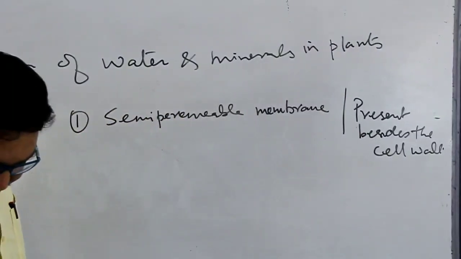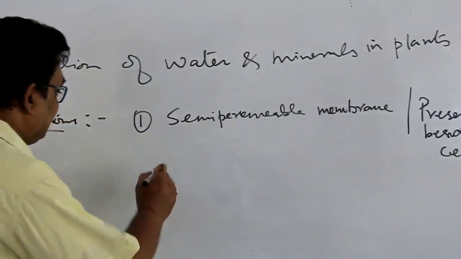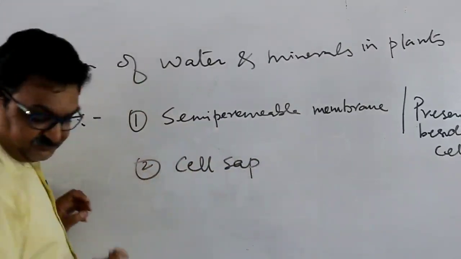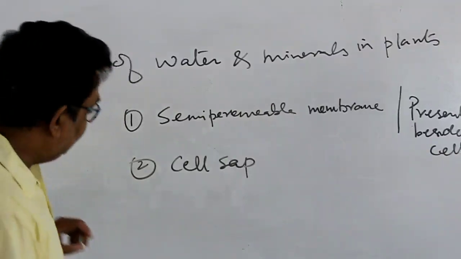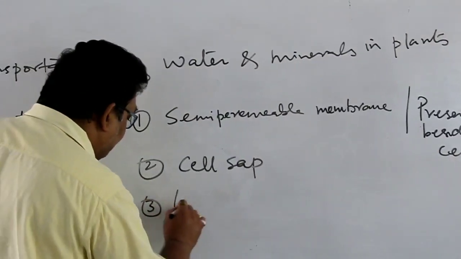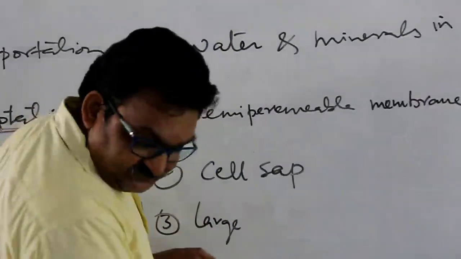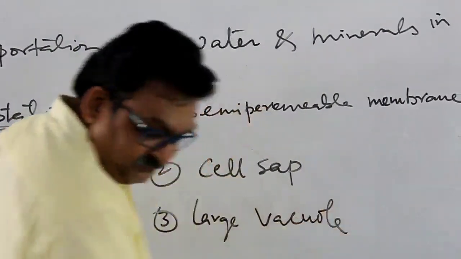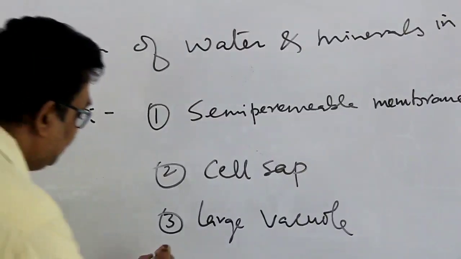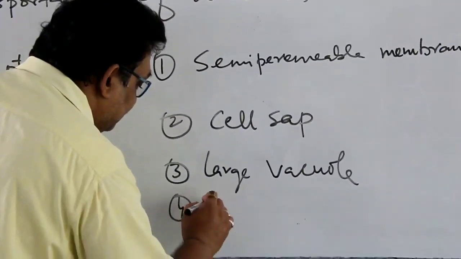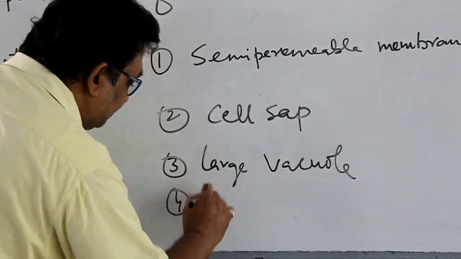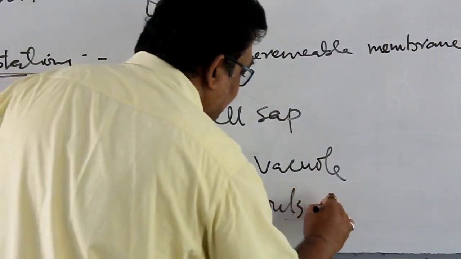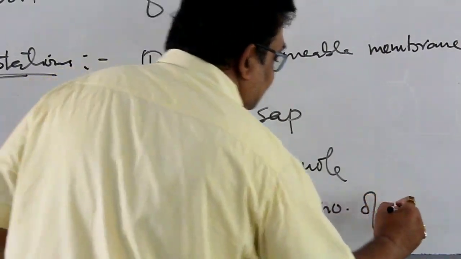Then second, you have the cell sap. Third, you have the large vacuole. And fourth, an enormous number of root hairs.